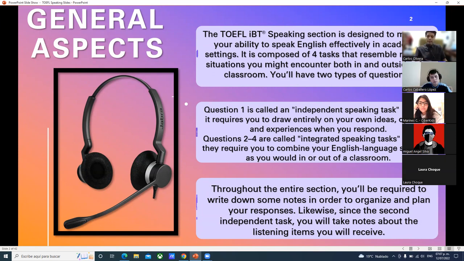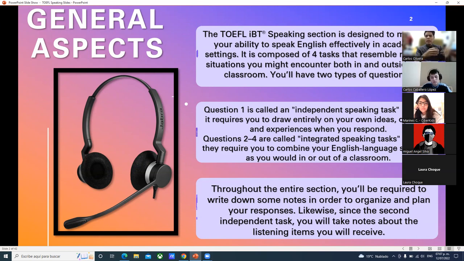In this case, for the second task, what we're going to do is, first of all, read a passage that is going to be about any academic subject, and later you're going to receive another item, which is going to be a listening passage or a listening conversation. That conversation is going to be related to the reading passage you just read.